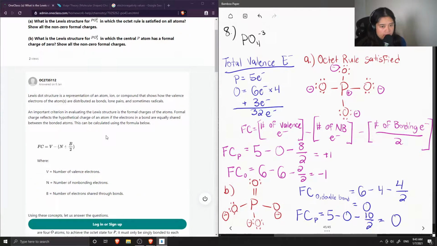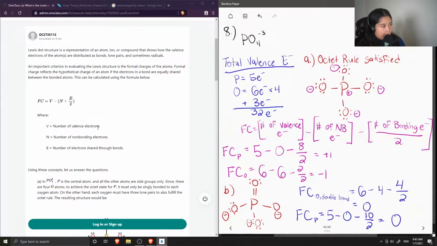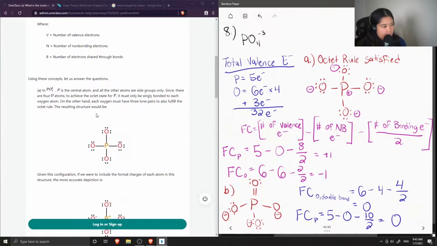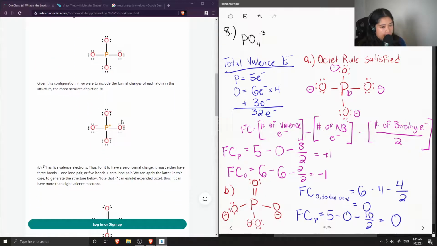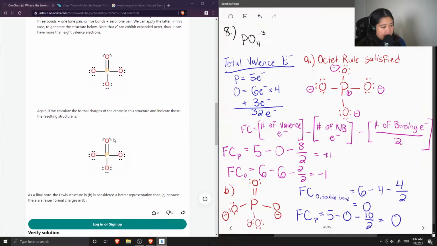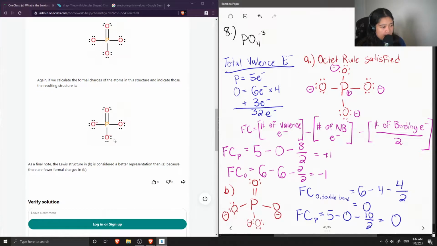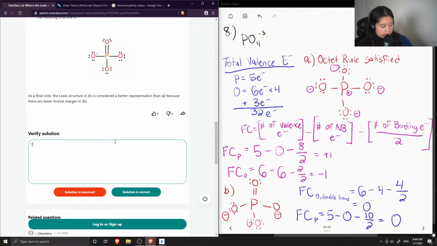So that is correct as well. So now let's see what the junior tutor said. They summarize the Lewis structure. And for part A, they got the same structure where the octet rule is satisfied. And for part B, they drew the double bond to show that phosphorus is now neutral. So this solution is correct.